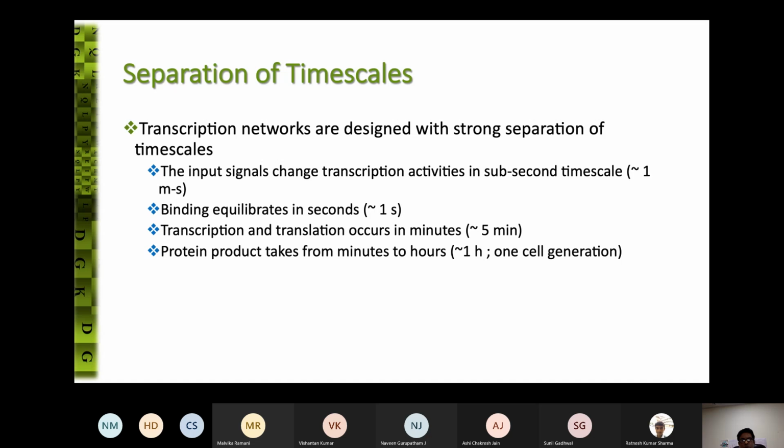When I come to looking at these transcription networks in detail in the course of this lecture, you will see that based on these time scales, the cell is able to generate different kinds of profiles, which are understood by the cell as either a signal, or as a change in the concentration, or as an impulse or a trigger. Those kinds of things are based on these time scales, and evolution has fixed this.